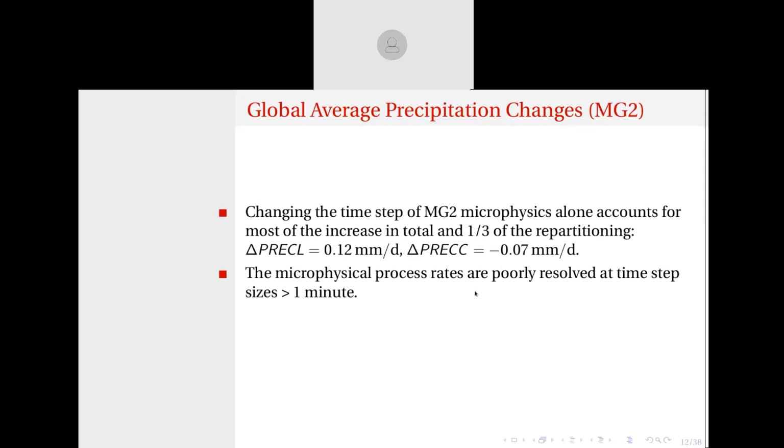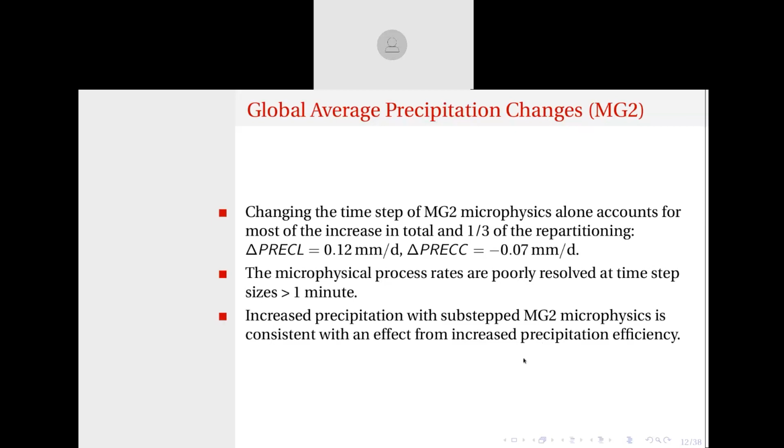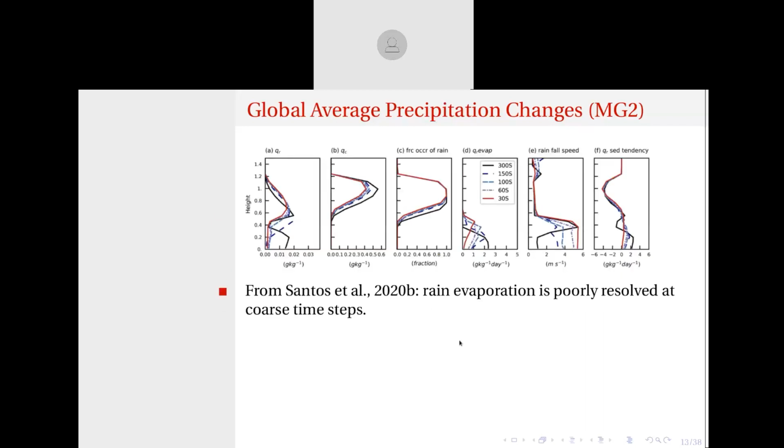So we did some prior research on the microphysical process rates specifically, and a lot of them are poorly resolved at time step sizes greater than a minute, while in the default configuration of E3SM, the microphysics is run at a 5-minute time step. And so the increased precipitation coming from the substep due to microphysics is consistent with the idea that these changes in precipitation we're seeing are partly due to increased precipitation efficiency from microphysics.